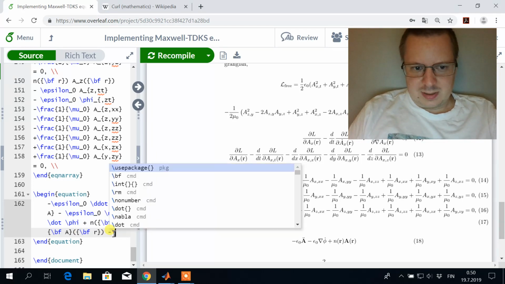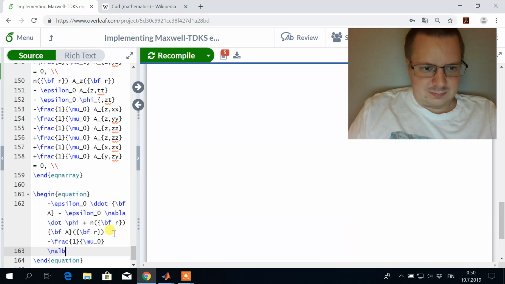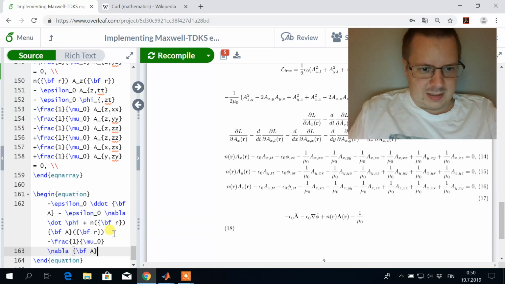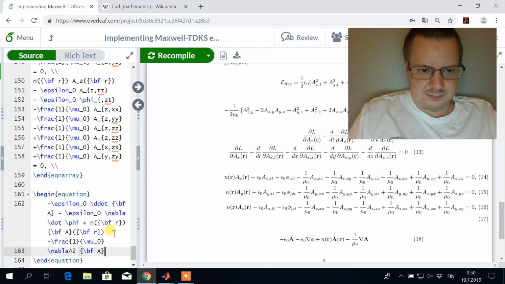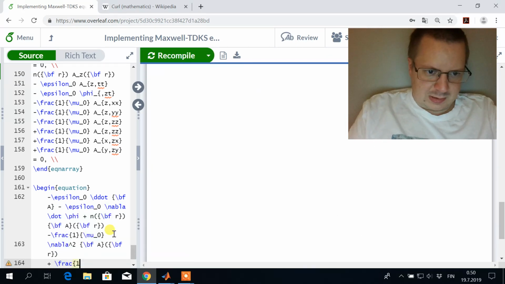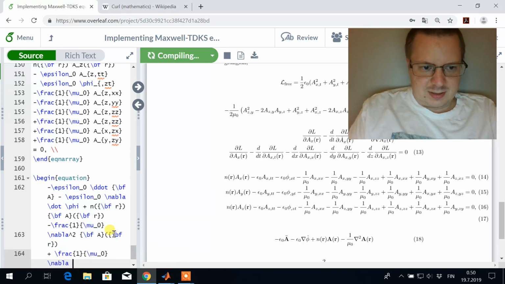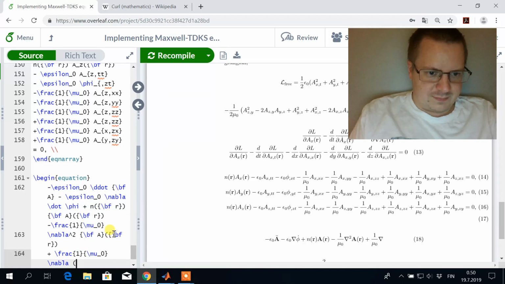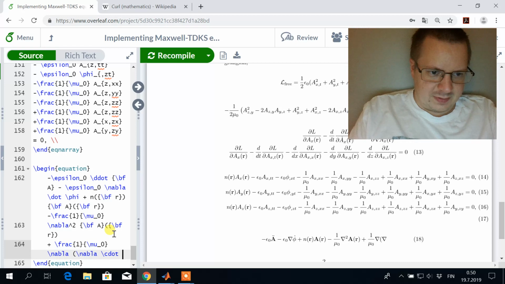So now we have frac 1 over mu 0, and then we have the nabla a, nabla squared of a, and then the crux is that we have plus 1 over mu 0, and then we saw that this looks like gradient of the divergence of the vector potential.